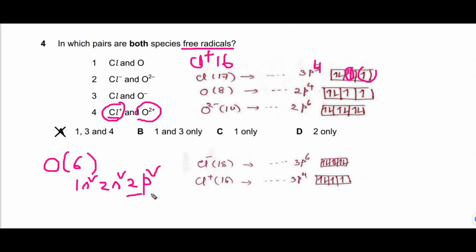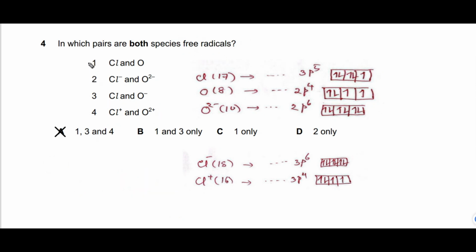You know, in the p orbital there are 3 orbitals, so here 1 electron is unpaired, the second electron is unpaired, 2 unpaired electrons. So Cl+ and O2+ can work as free radicals. What are free radicals? Species which have one or more unpaired electrons. So the answer is A.